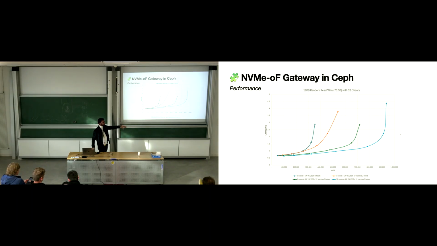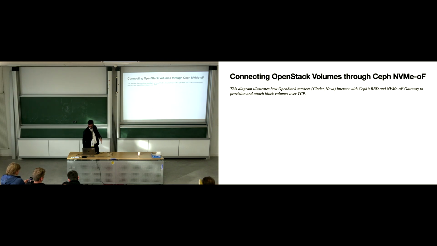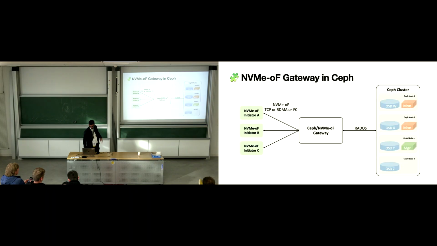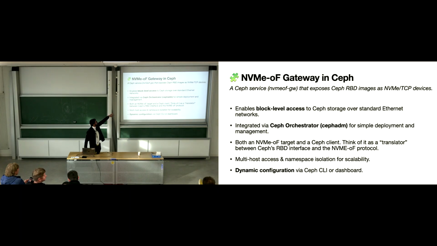Native Ceph doesn't support that. That's why it has a separate service. NVMe-oF is a protocol, and the NVMe gateway provides that. So it's basically a target and a client for Ceph. It's a translator between the Ceph RBD interface and the NVMe-oF protocol.